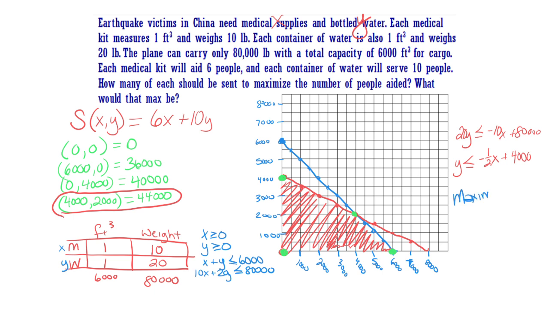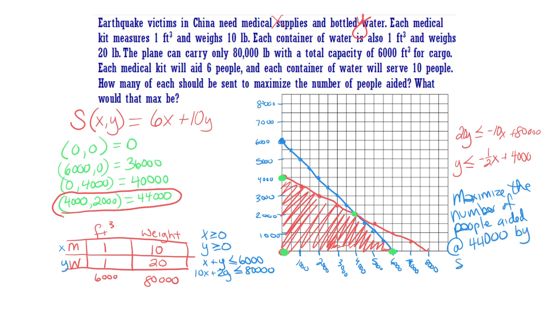I'm going to say maximize the number of people aided at 44,000 by, what do we need to do to make that happen?